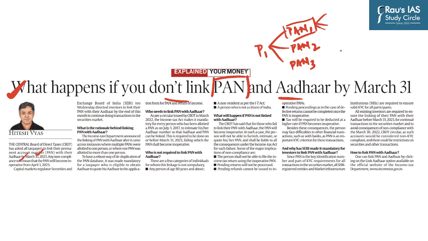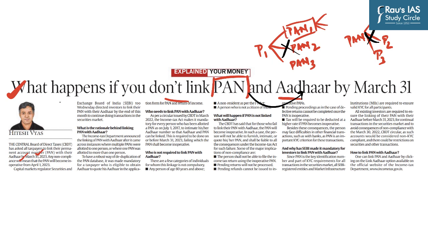Apart from that, there are a lot of cases of reverse instances where single PAN account has been issued to a number of people, person 1, person 2 and person 3, and this is again problematic. And so in order to avoid both these discrepancies, it has been made mandatory to link all the PAN with respective ADHAAR by March 31st.